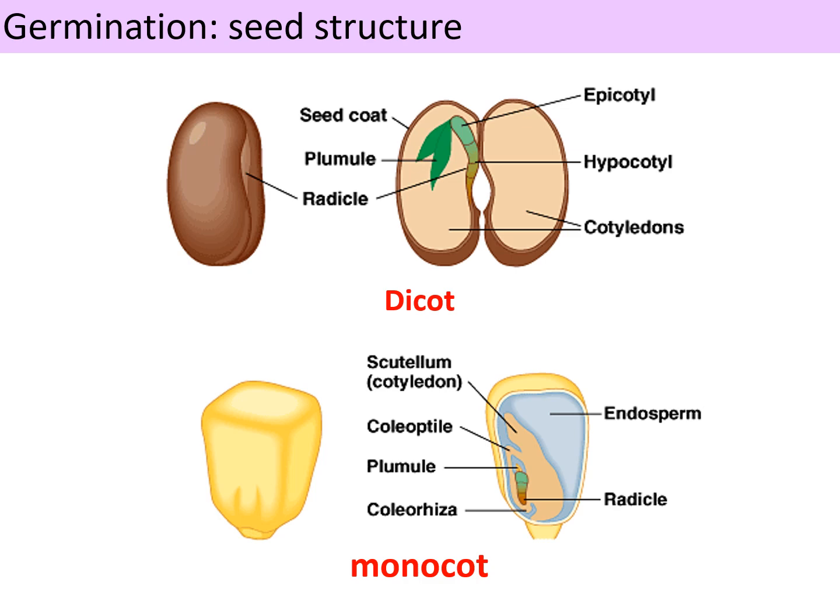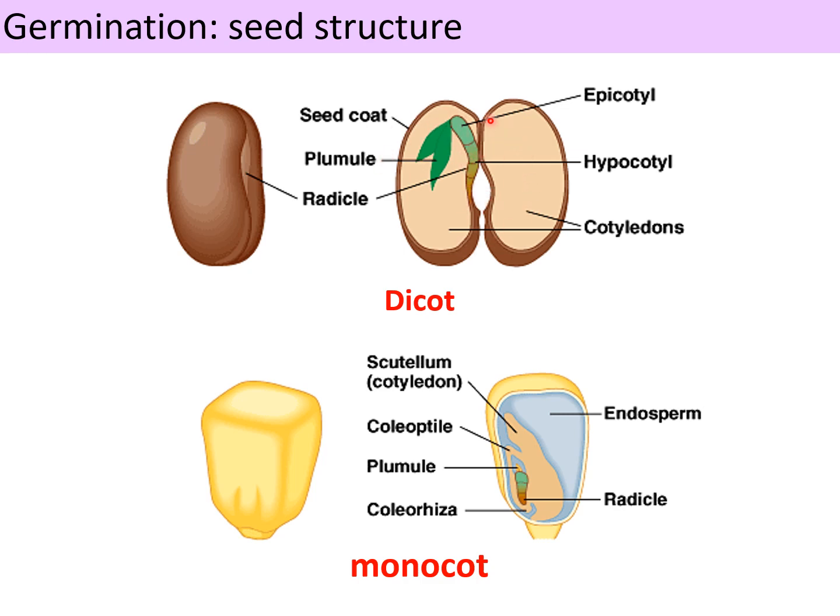The structure of the seeds is quite the same. The seeds are covered by the seed coat. The seed coat develops from the integument of the ovule. Inside the seeds, we will see the embryo.